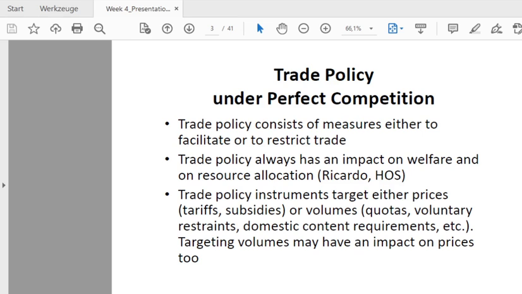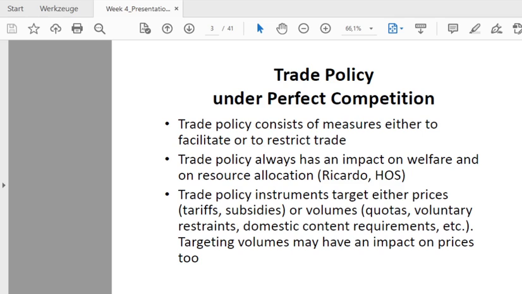Consumers, producers, the government, and so on. Trade policy always has an impact on welfare and on resource allocation. We have learned that by taking a look at the Ricardian model and the Heckscher-Ohlin-Samuelson model already.